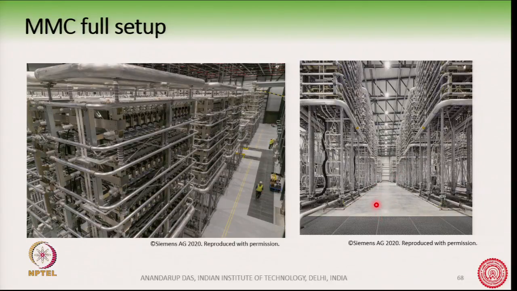Another view is like this, and you can see that the cells are substantially isolated from the ground. The height of the cell is maybe several meters above the ground, for isolation purpose.